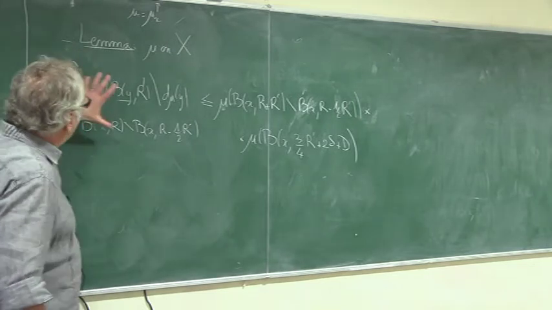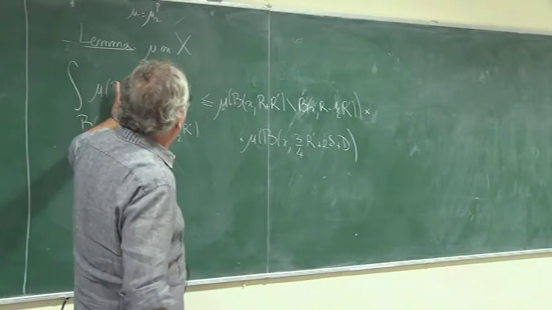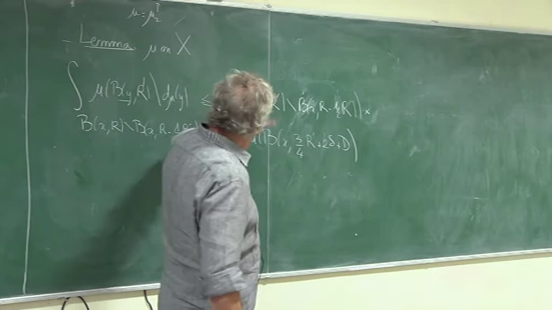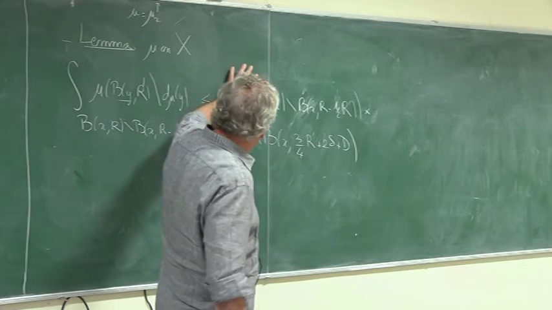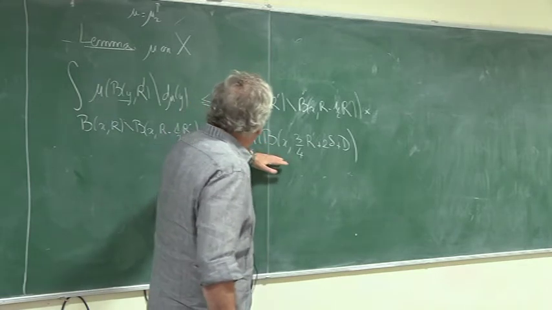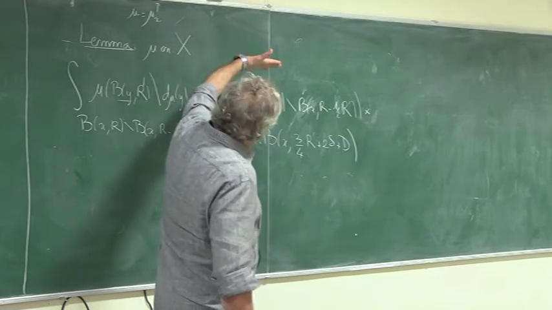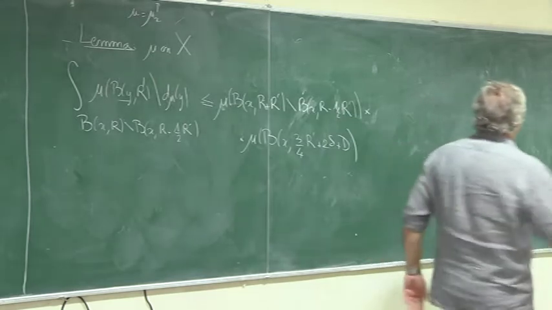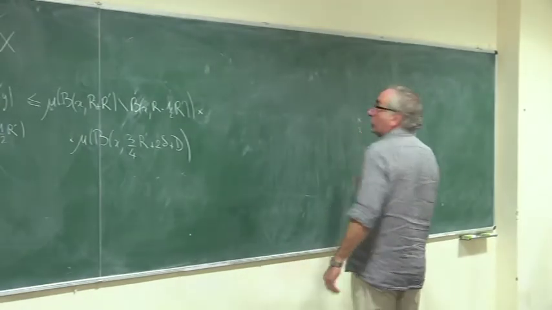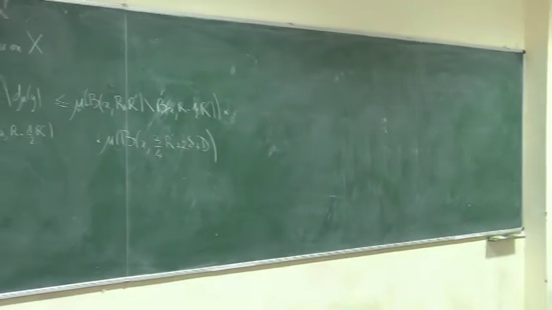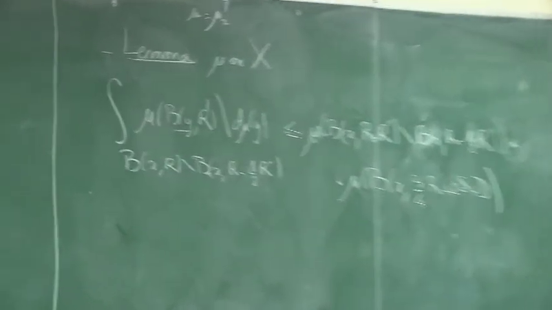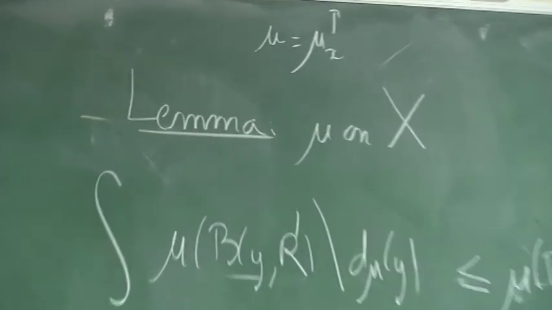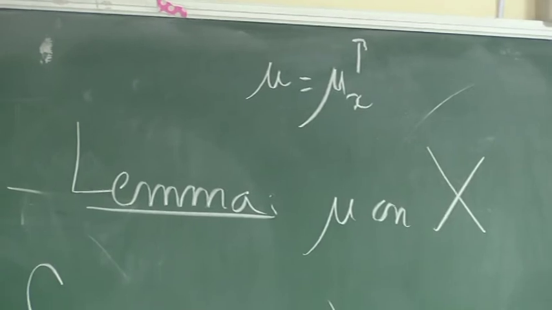Okay, so I compute this integral, and we'll see why later. And an upper bound is given by the product of the measure of this ball around x and the measure of this annulus around x. So let me draw a picture to explain this. So we have a ball of radius r. R is supposed to be big, and it will go to infinity.